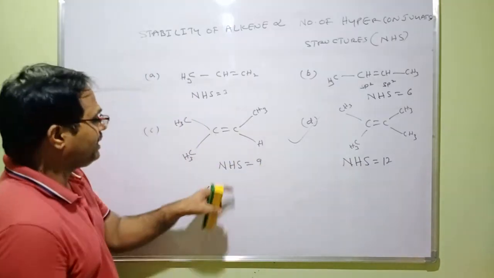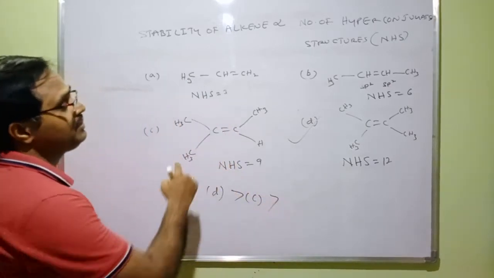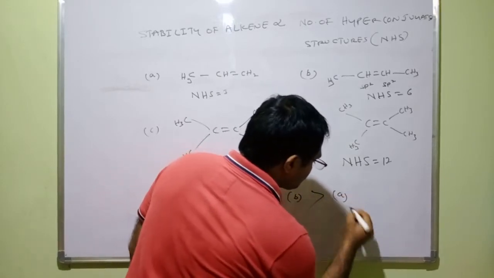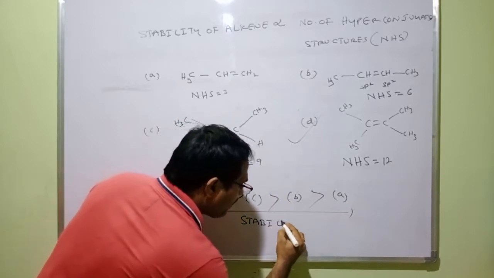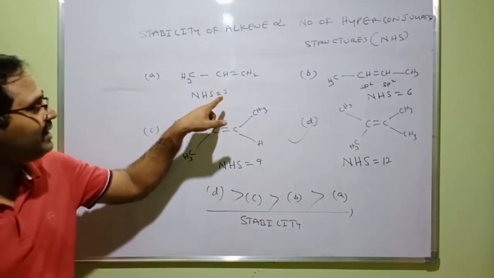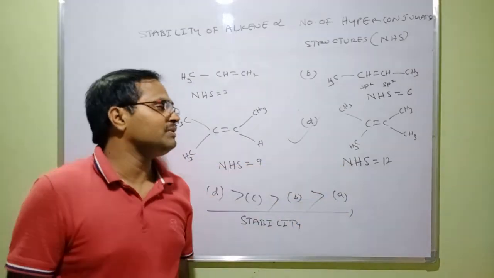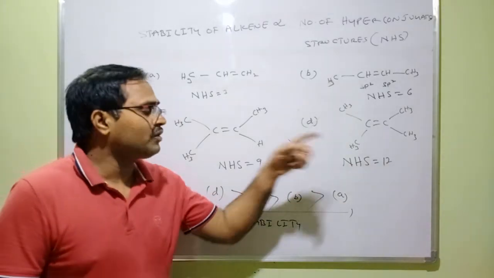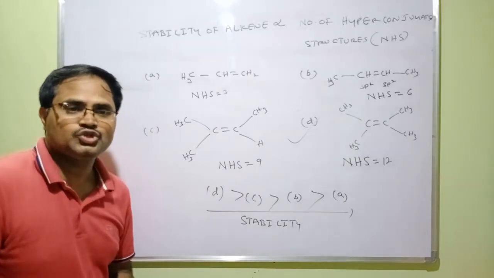Then alkene C is stable, then alkene B is stable, and the least stable is option A. Option A, propene, is the least stable because it has fewer hyperconjugate structures. Option D is more stable because it has 12 hyperconjugate structures. This is how the questions will be posed to students.